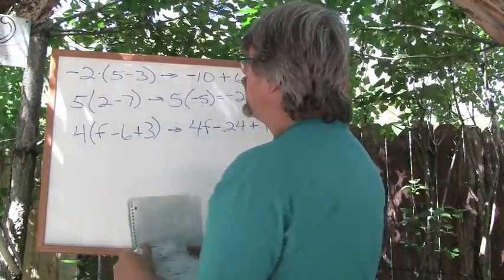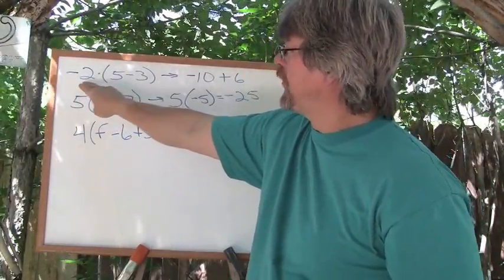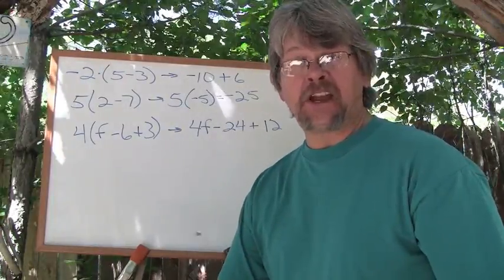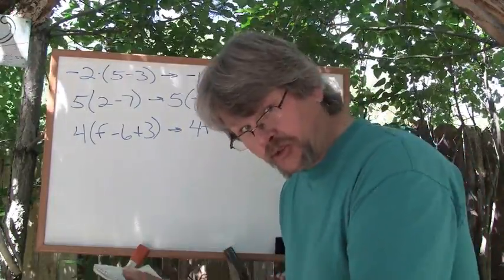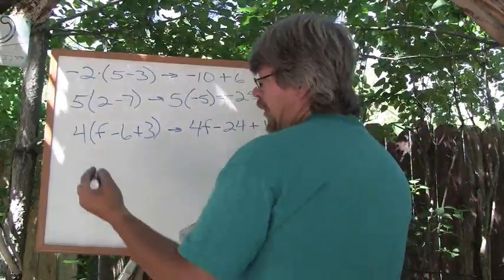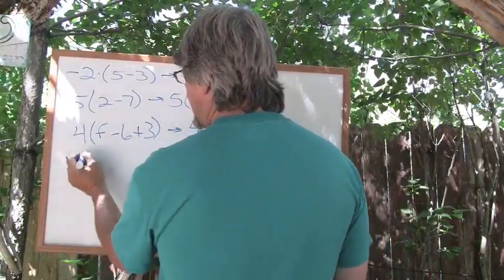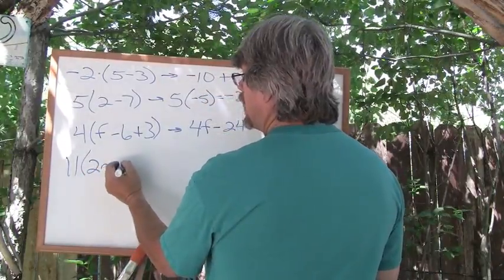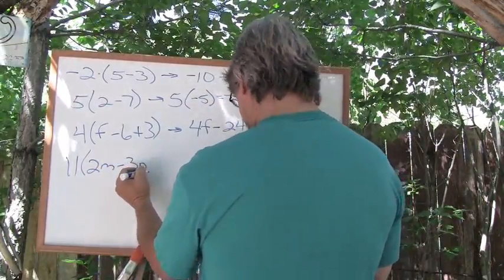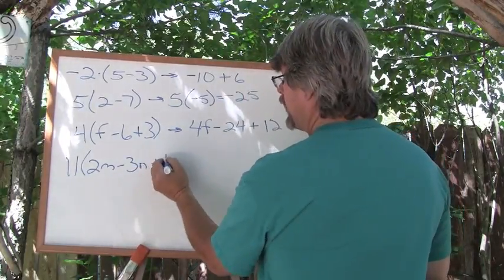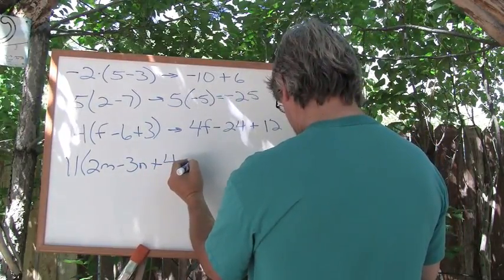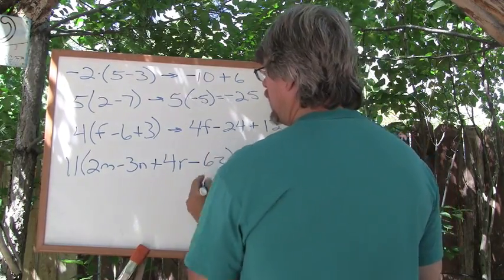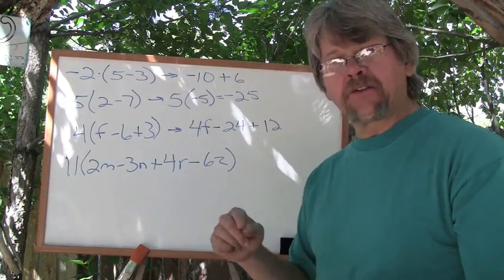If we, instead of having a coefficient out here and 2 terms in a parenthesis, get a lot bigger terms in the parenthesis? Well, let's see it. 11 times 2m minus 3n plus 4r minus 6z. And you say, holy cow, I can't do that. There's too much there.